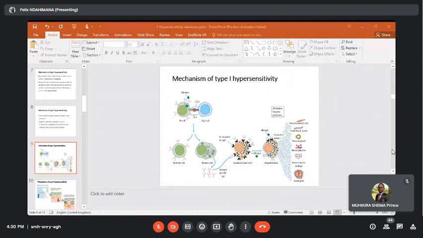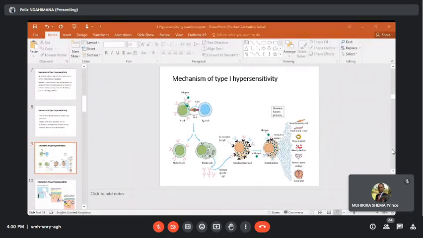If you look at the very left, there is an allergen up there, and then there is a B cell and T helper 2 cells. So what happens here is that there is an allergen, which is more like an antigen, coming into our body. As we said in the first presentation, we have antigen presenting cells in our body.